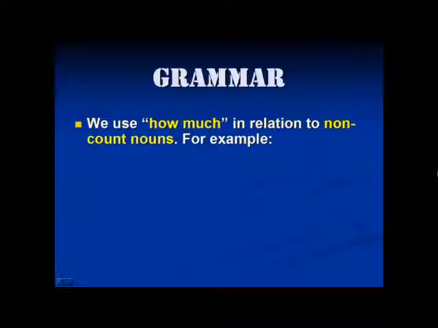We use how much in relation to non-count nouns. For example, how much milk is there?